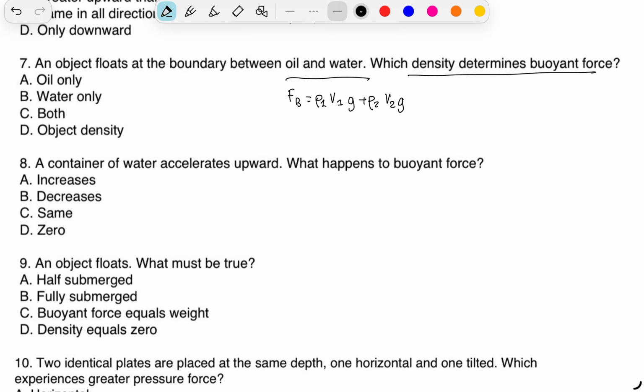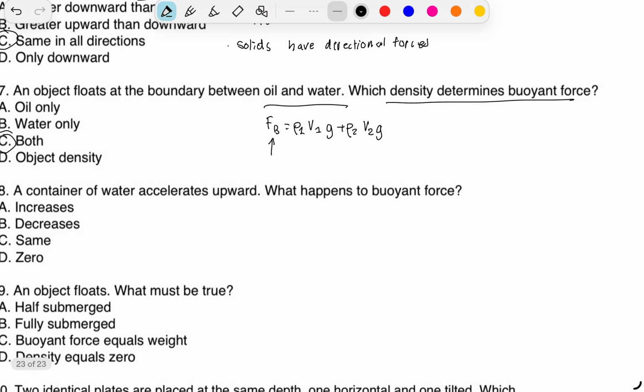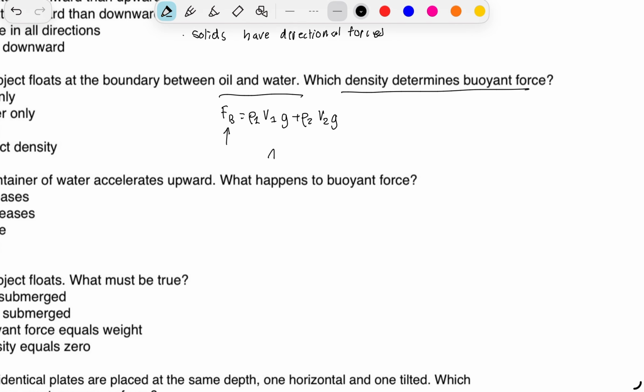So what determines the buoyant force is going to be both of them, because you have to account for both when you are finding your buoyant force. You have to take into account all the parts that displace fluid.